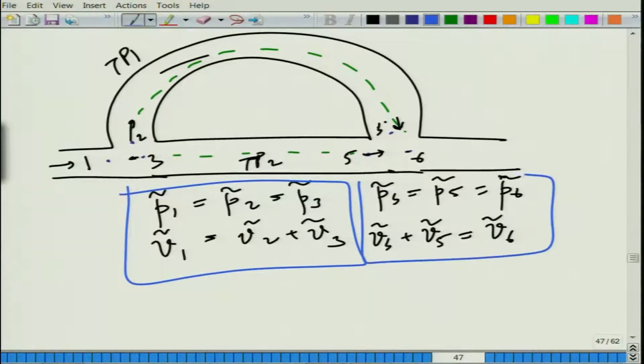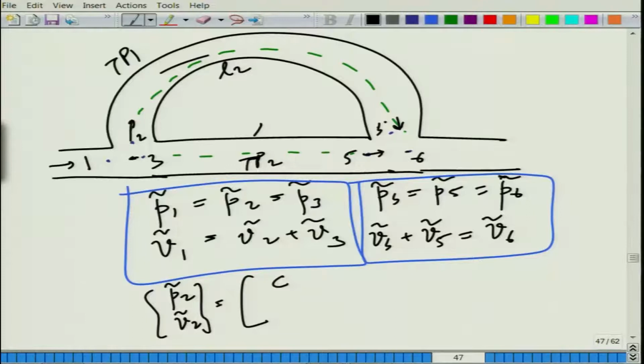because the reason being is that we already know the transfer matrix from 2 to 4, relating things from 2 to 4, P2 V2, which can be written something like this. So, I am just writing C, let me call this length as L2 and this as L1.